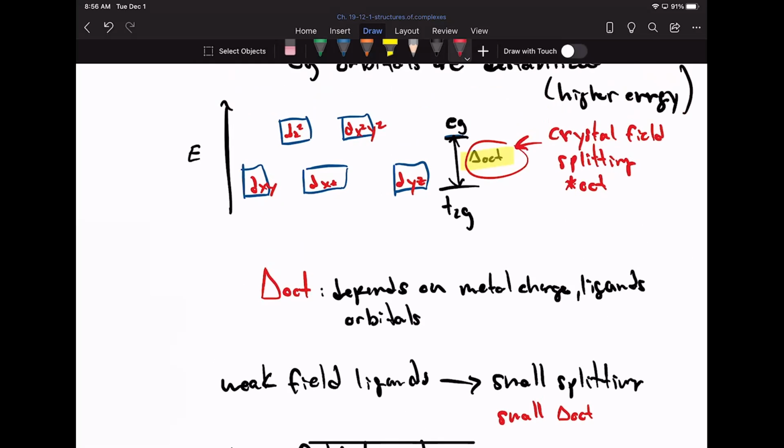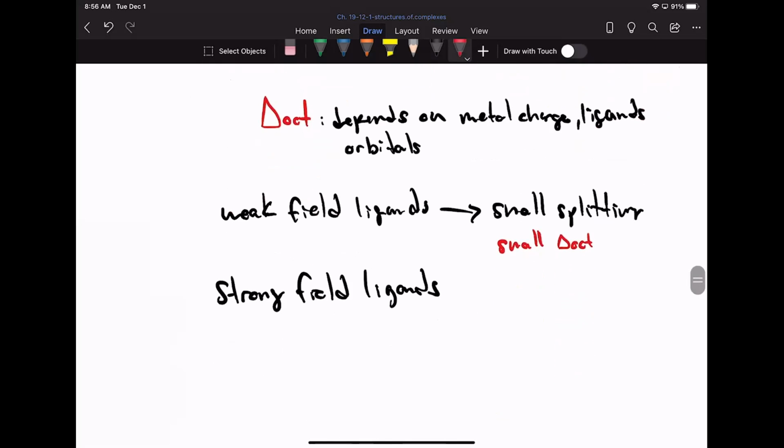So weak field ligands have a small splitting, and strong field ligands have a large splitting. Large splitting, large delta OCT. It means the same thing.